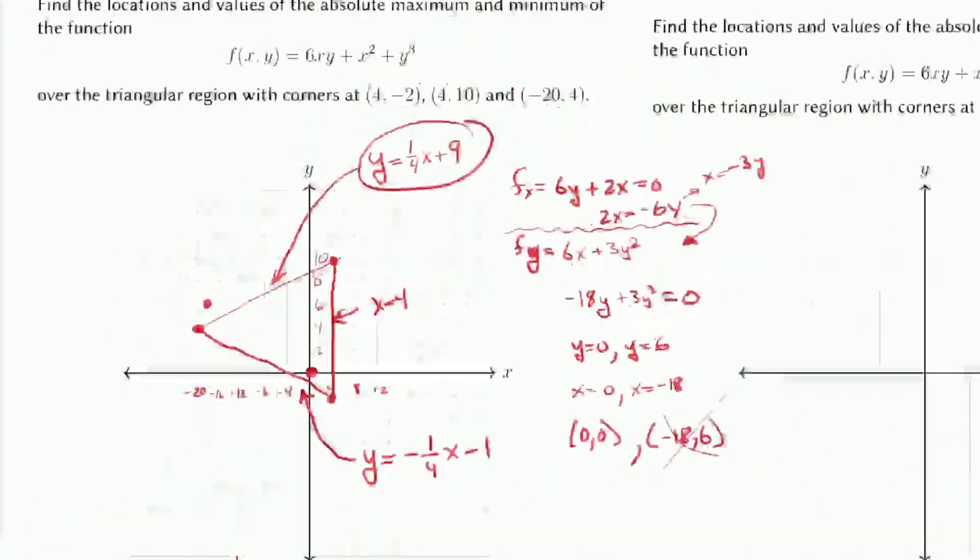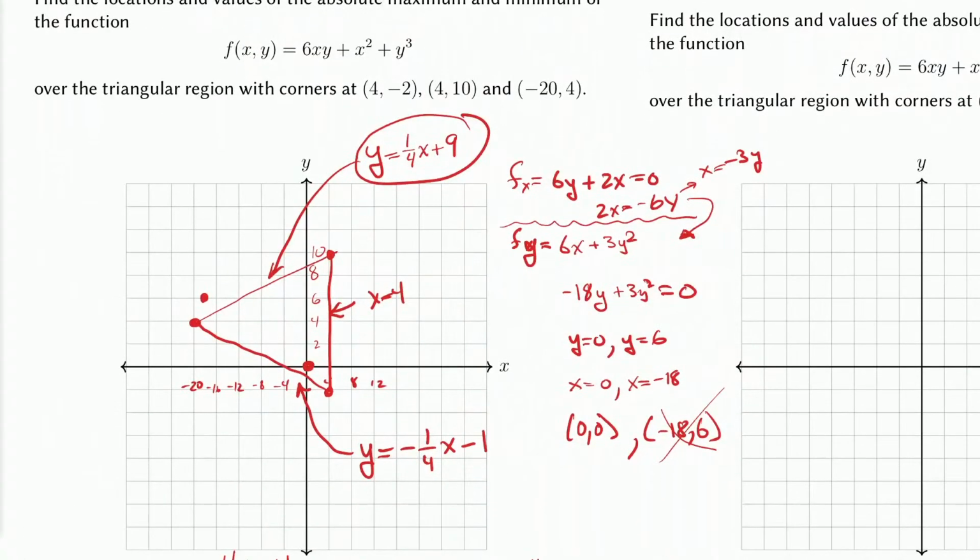Okay, so x equals 0, y equals 6. Yeah, so back into the equation that I solved for.